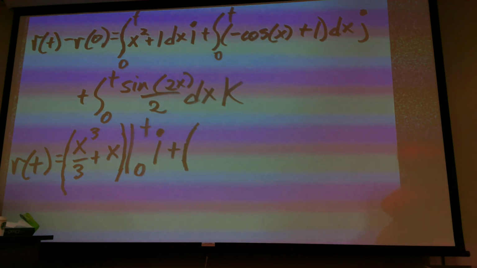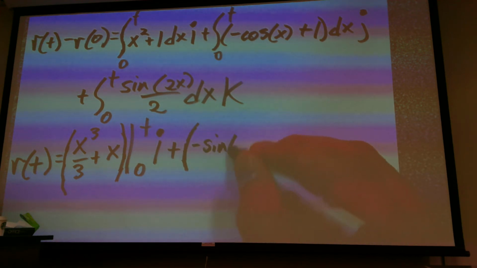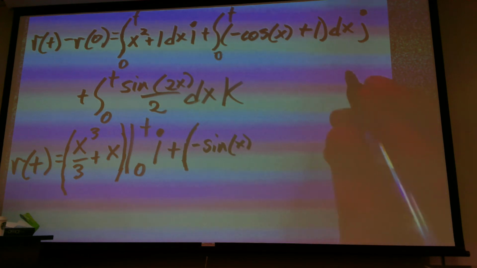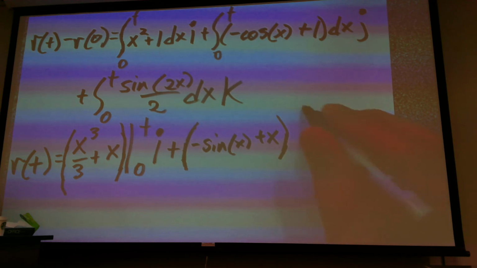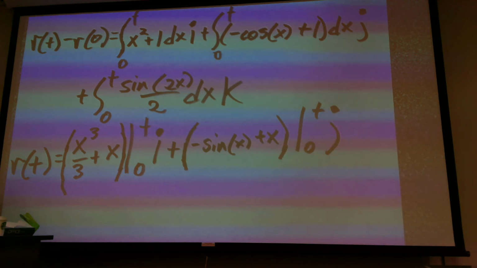If I integrate negative cosine of x, this is going to be negative sine of x, and then the integral of 1 is just going to be x. Both of these have to be evaluated at 0 and at t, and that's going to be multiplied by j.